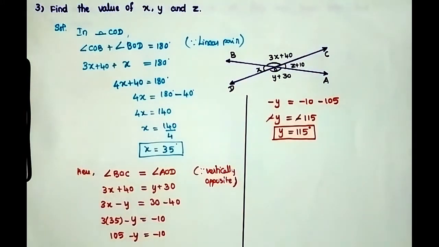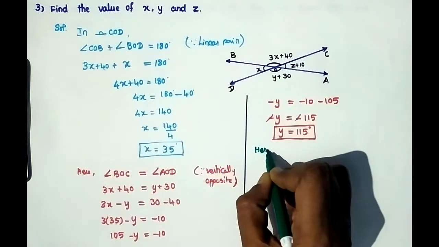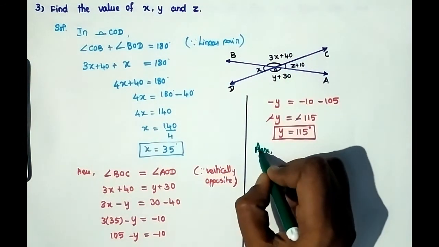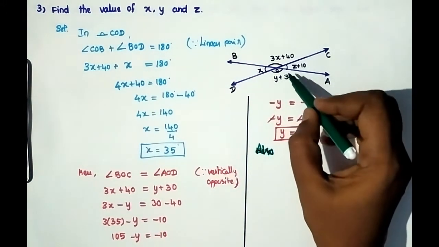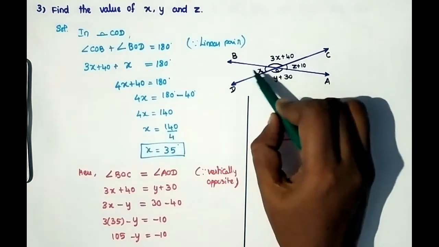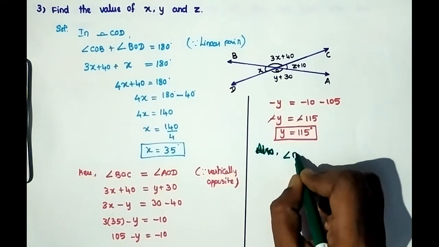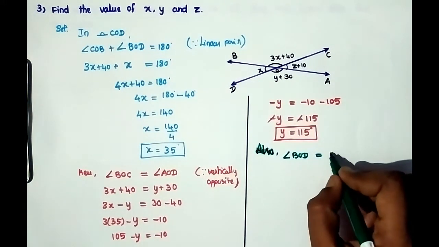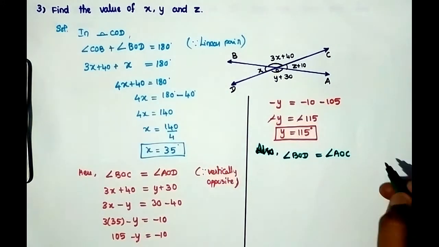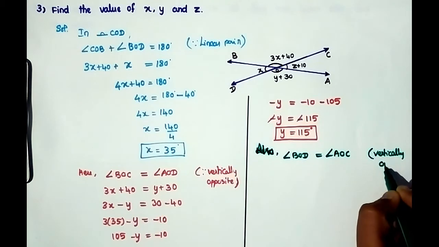That is the answer. Next one, we have to find out the value of z. For that, also angle BOD and AOC is equal. Angle BOD equal to angle AOC. That is also vertically opposite.